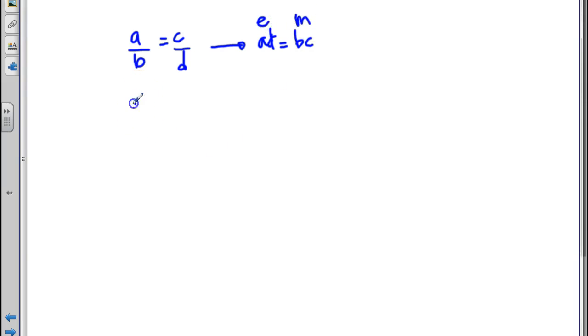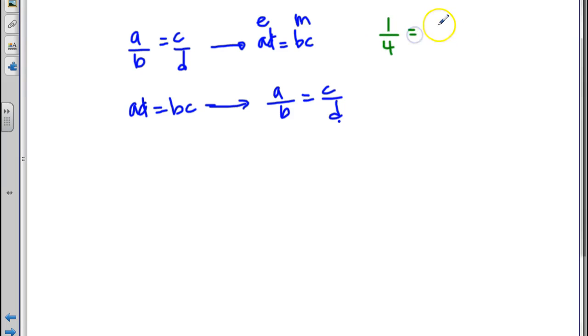All right, it also works the other way. If we have A times D equals B times C, we can write it as A over B equals C over D. So getting those extremes here and means here. All right, with numbers, here's what it looks like. 1 over 4 equals 4 over 16. That is so true, isn't it?